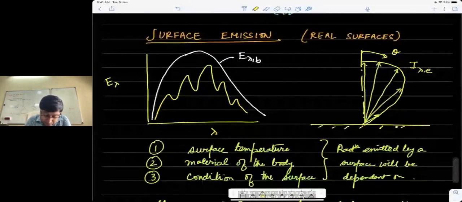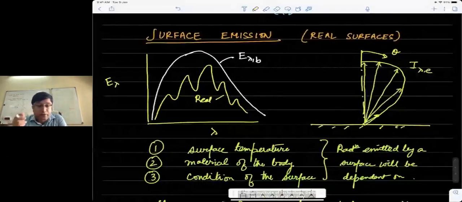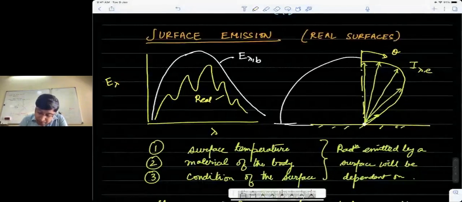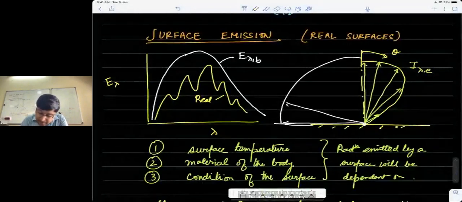Yellow was the real surface, I should have mentioned. Similarly, because a black body emits uniformly in all directions, if I take this as the center, then a black body would have maximum emission but also uniform. So it will have uniform intensities in all directions.